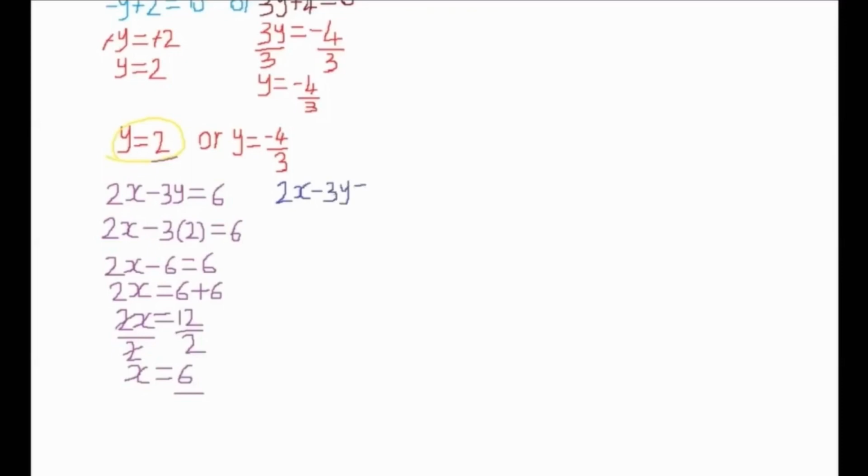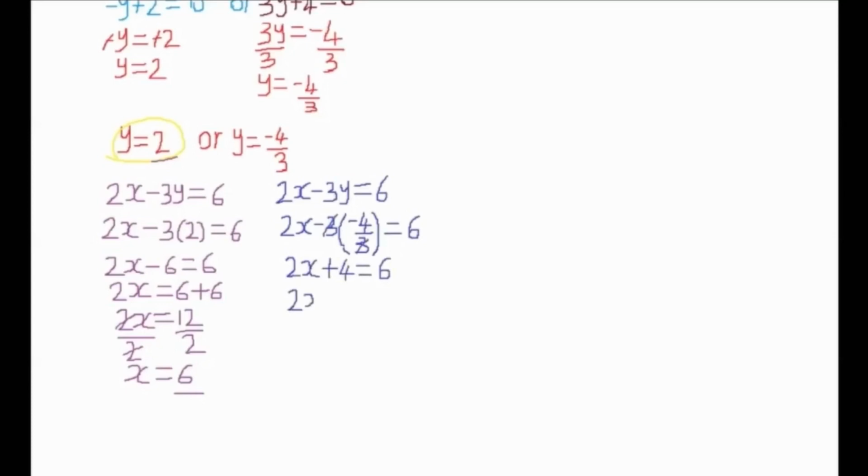Let's try to replace that value. This one, 3 down, the numerator 3 and the denominator 3 will divide and we will remain with 1. We will remain with negative 1, which when we multiply negative 1 by negative 4, will be positive 4, is equal to 6.